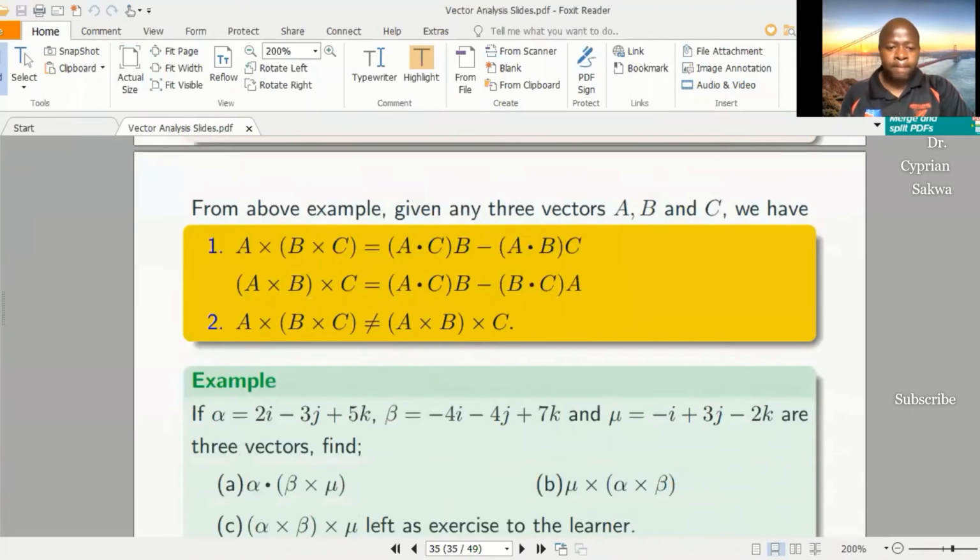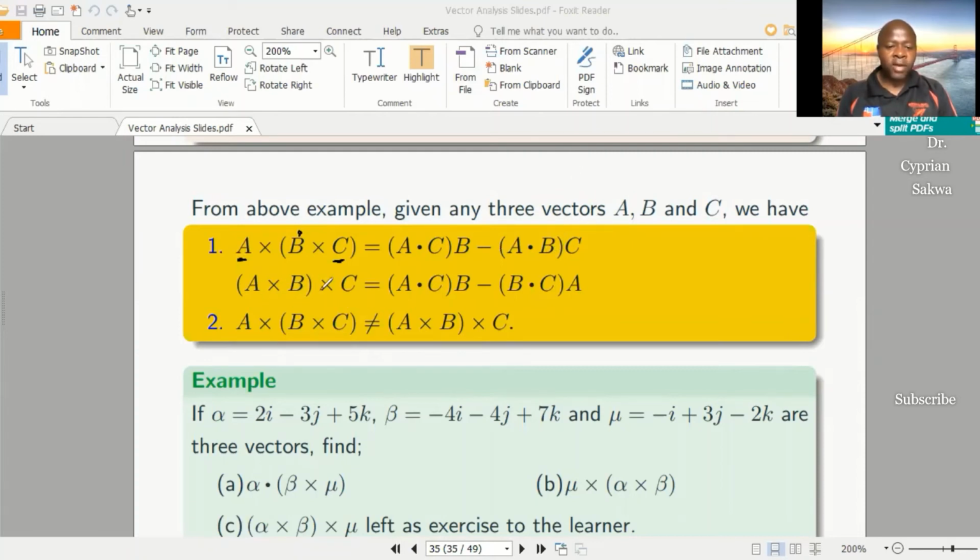Part 1, if I'm given the vector triple product, the easier way for me to work it out would be A dot C, the farthest vector, times this other vector B, minus A dot B times C. We've seen this from our previous example.